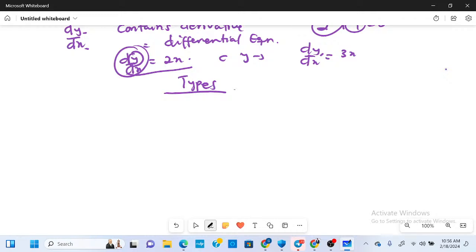So we have the first type, which is ordinary differential equations.